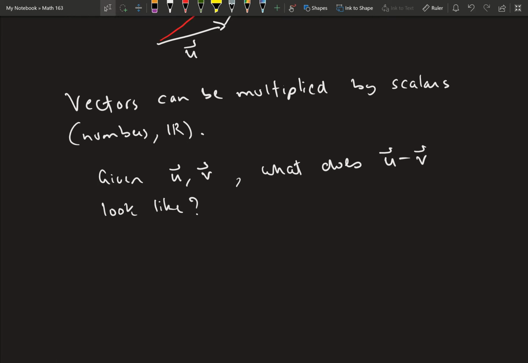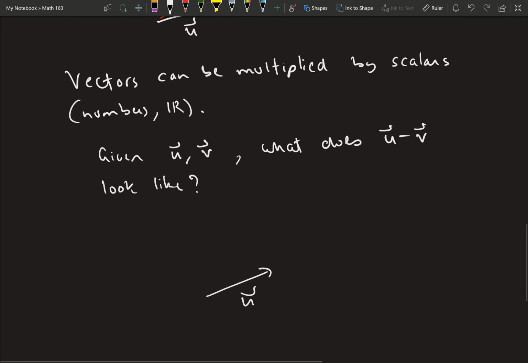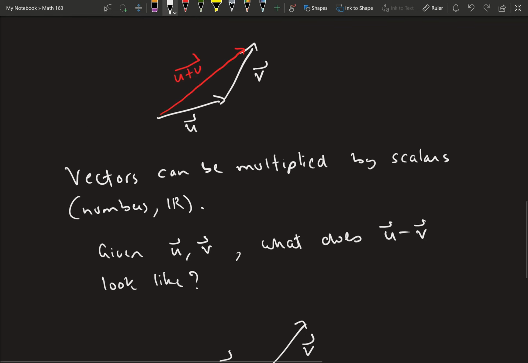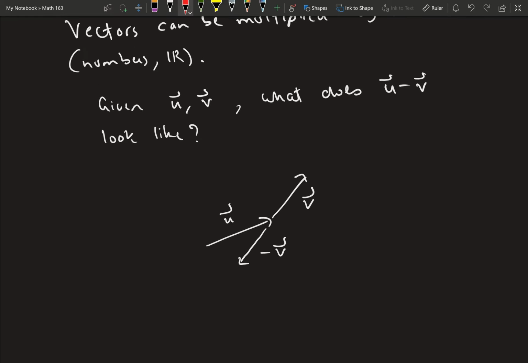Well, if here's U, well, positive V was up here, then let me adjust this drawing just a tad here. So here's U, then negative V will be in the opposite direction, the same magnitude. And by the Parallelogram Law, by how to add vectors, using that same idea, if you're adding U and minus V, you would end up with this vector.